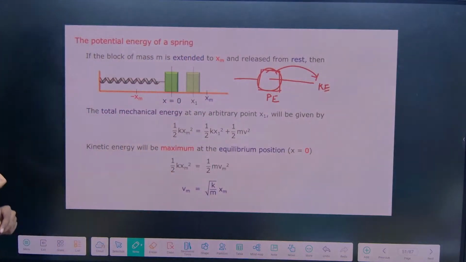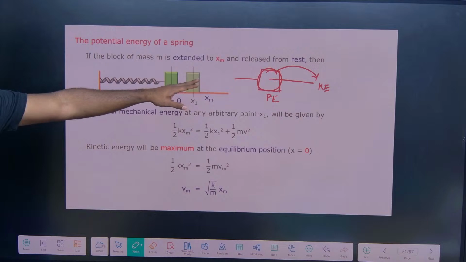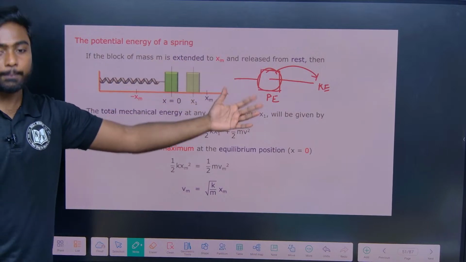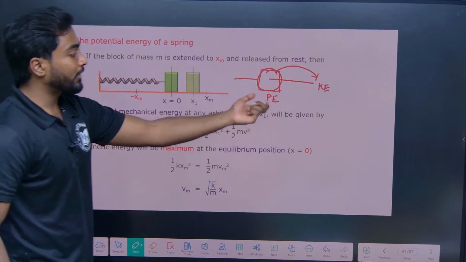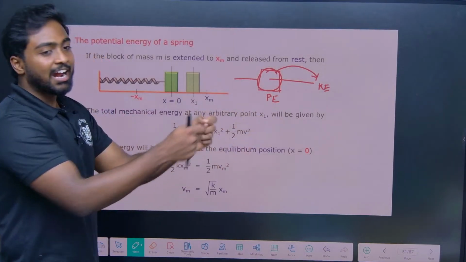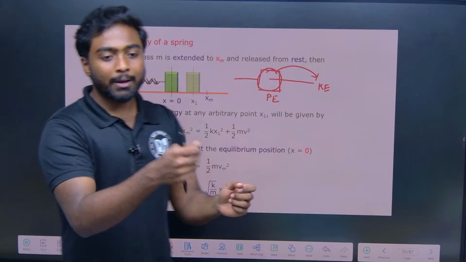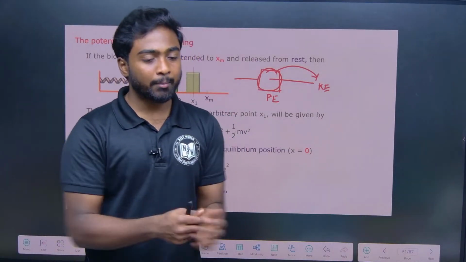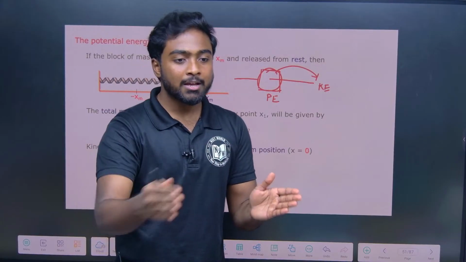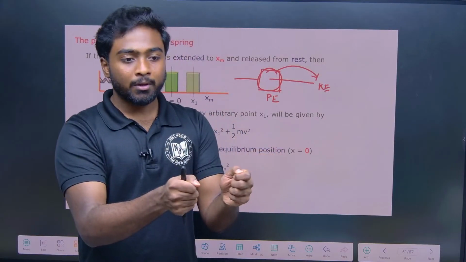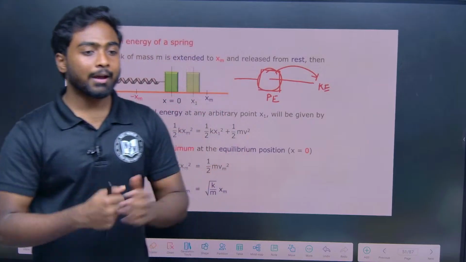Initially there won't be any kinetic energy because it is in a stable position; it is stationary. So potential energy will be there. When it starts moving, the potential energy will be converted to kinetic energy. I am not saying almost all the potential energy converts to kinetic energy.